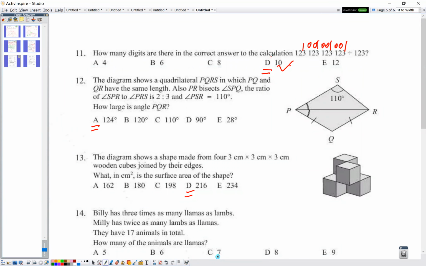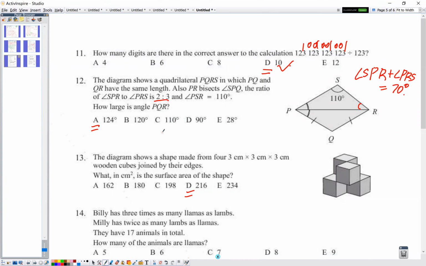Question 12 first. You know, the sum of the interior angles of the triangle add to 180. So for that reason, PSR is 110. So these 2 angles, so angle SPR add angle PRS, this then becomes 70 degree. Question tells the ratio as well.